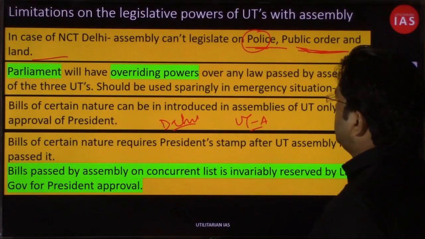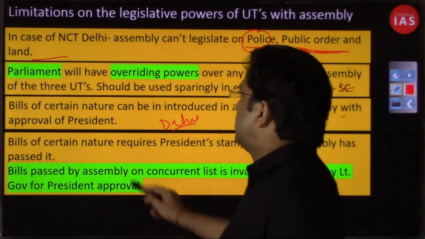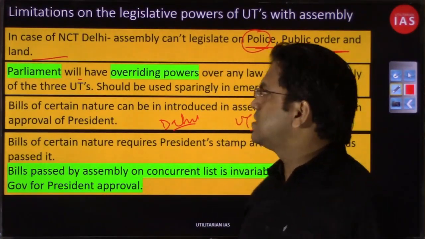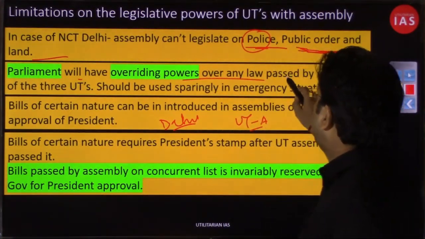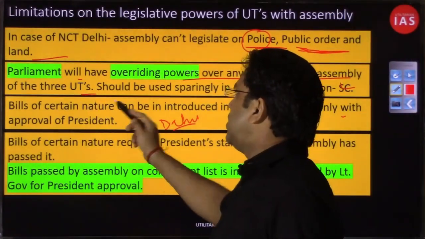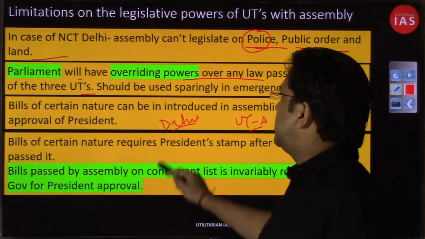If I talk about the fourth limitation, we have already talked about how Parliament will always have overriding power over any law that has been passed by the Assembly of these three union territories.